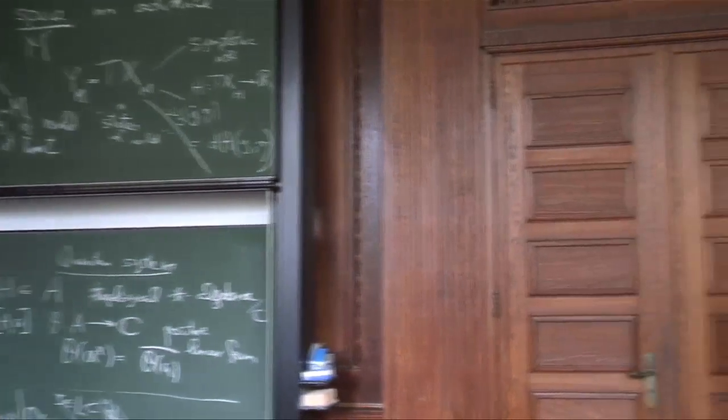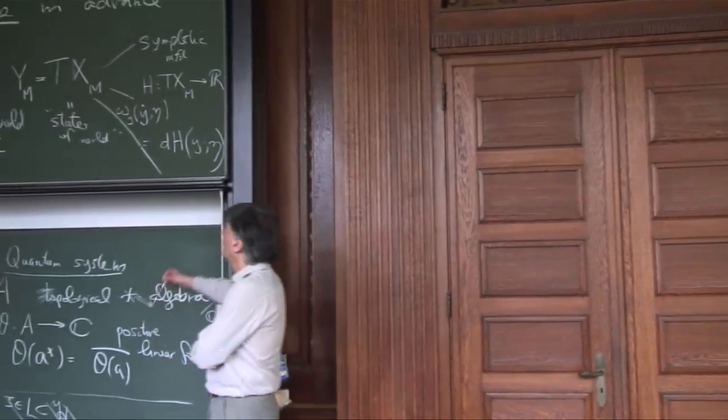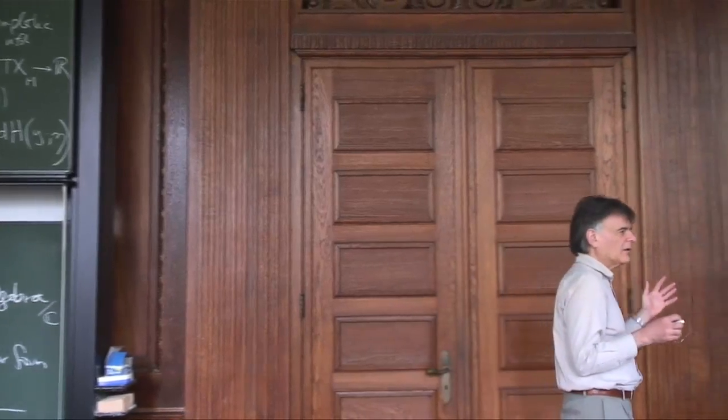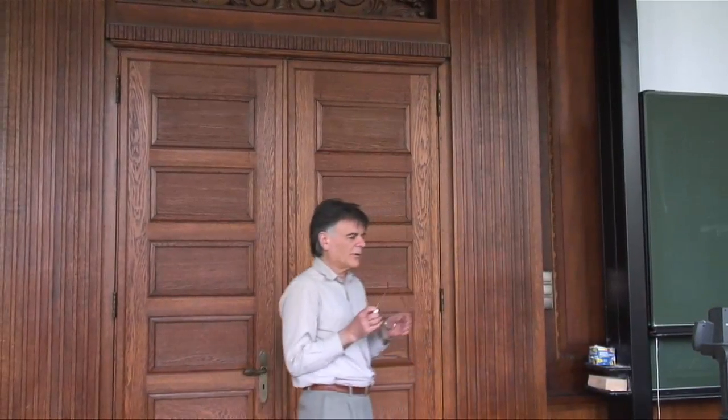So, one of the things I'm emphasizing is that this project is certainly part of non-commutative geometry. We expand our picture of manifolds, symplectic manifolds, to some larger class of non-commutative objects.